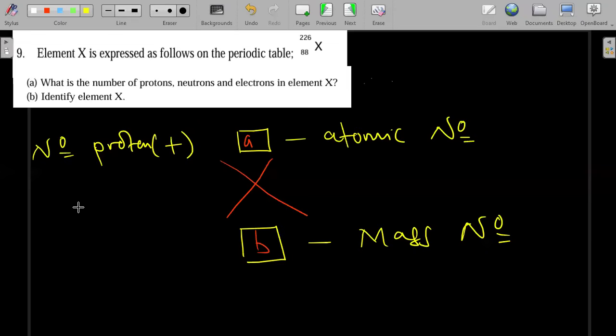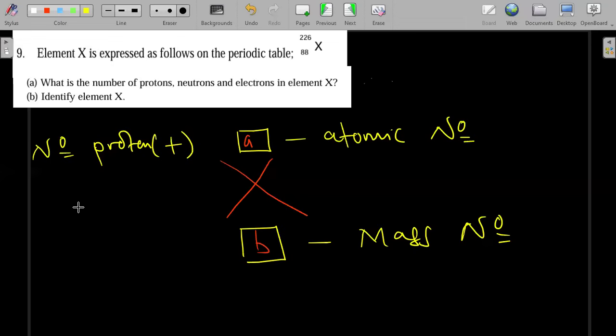When they say the proton number of a certain atom is 8, no matter how many electrons or neutrons it has, that atom will always be oxygen. Why? Because it has 8 protons. Anything that has 8 protons is oxygen, regardless of the number of neutrons and electrons.